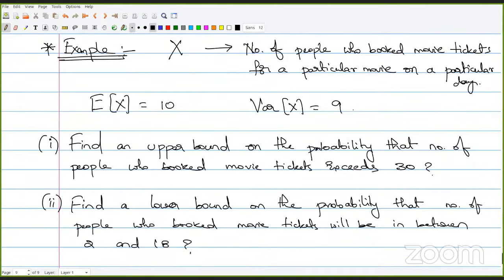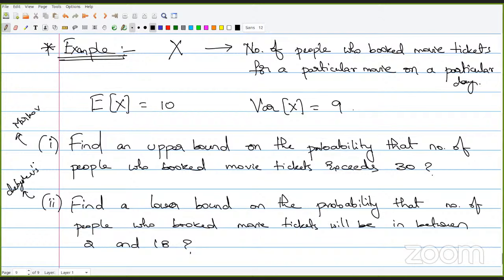This is one example which uses this. First one you should use Markov, and the second one you should use Chebyshev. So X is a random variable which gives the number of people who booked movie tickets for a particular movie on a particular day.